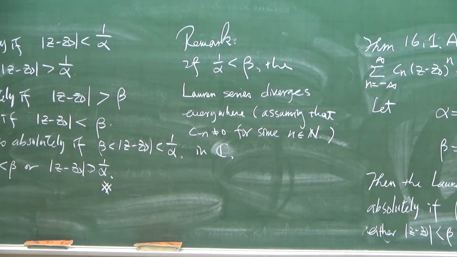Otherwise, you have this situation. Okay? So if beta is less than 1 over alpha, then you have an annulus in this region. All right, in this region, the Laurent series converges absolutely.